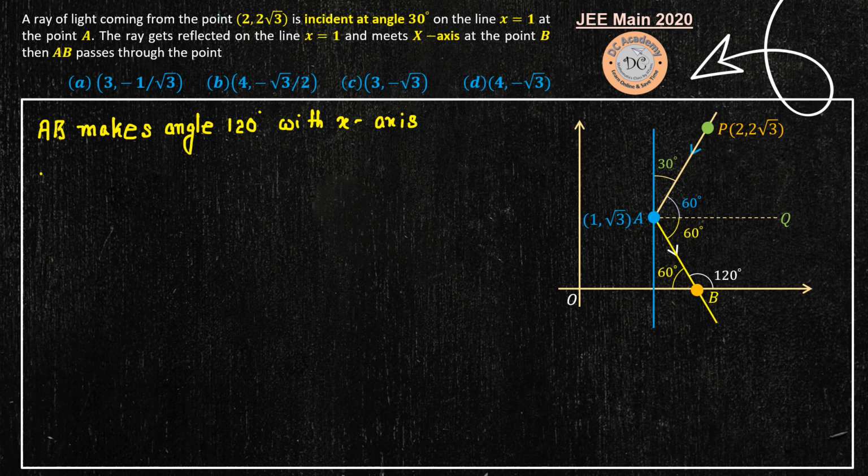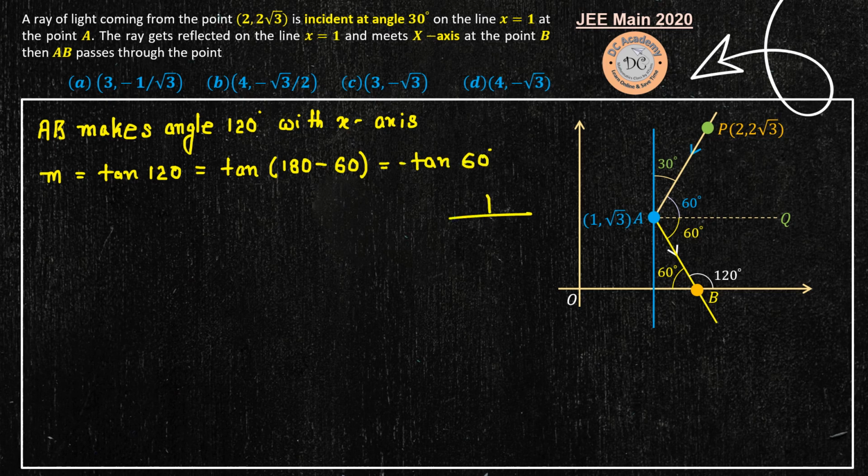So the slope of this line is equal to tan of 120 degree. 120 can be written as 180 minus 60, which lies in the second quadrant. In the second quadrant, it will give you tan 60 degree with a minus sign.